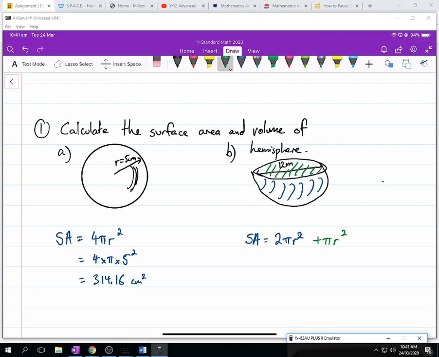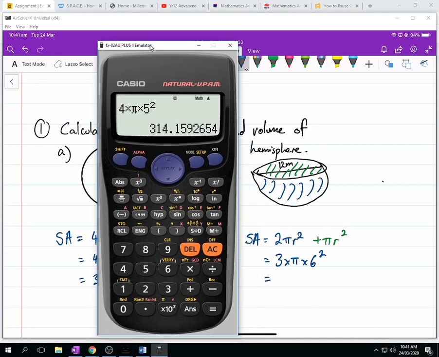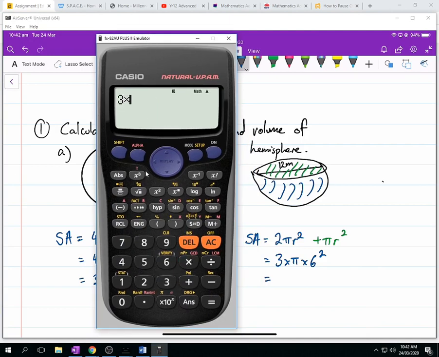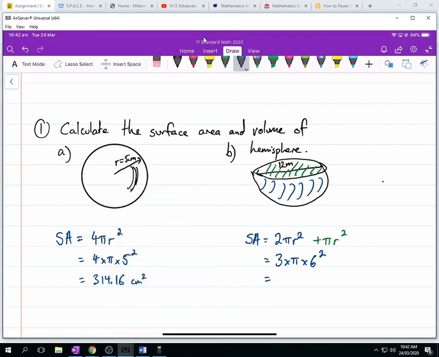In total, we end up with 3 pi r squared. So we calculate 3 times pi times 6 squared, not 12, because the radius is only 6. That gives 339.29 square meters.